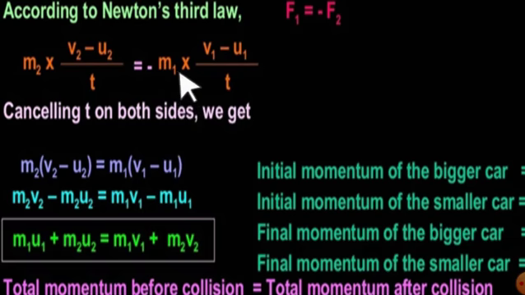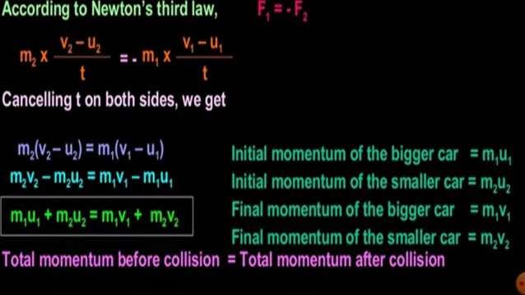One minus is missing here, I think. If you multiply this m1 with v1, then it will be minus m1 v1, right? So you put one minus here, minus of m1 v1, and this is minus, so minus will be plus, so plus m1 u1 will be there.